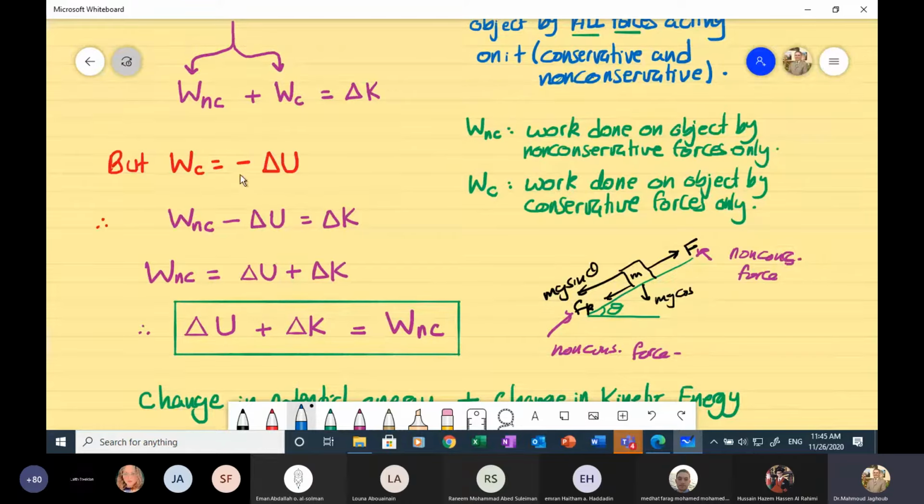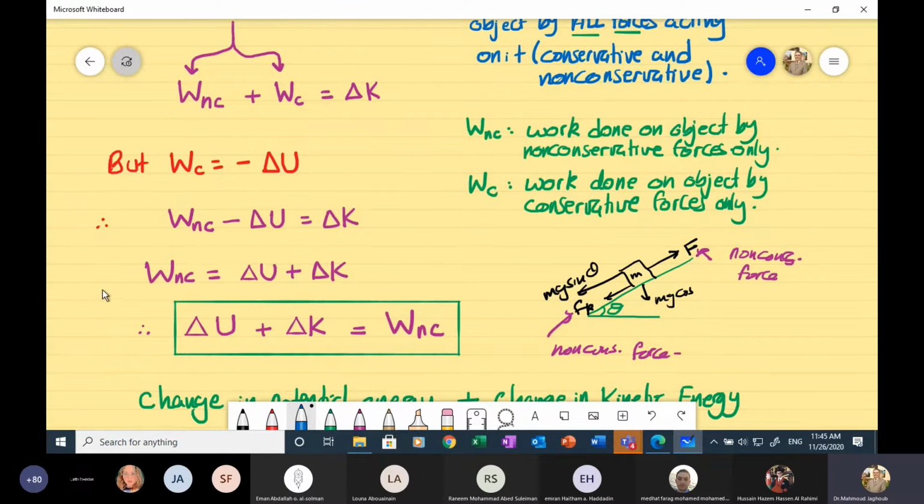Instead of WC, I will put minus delta U, which should equal delta K. Take delta U to the other side, and you get that the work done by non-conservative forces equals the change in potential energy plus the change in what? Kinetic energy. Change in potential plus change in what? In kinetic. Remember, delta means change.